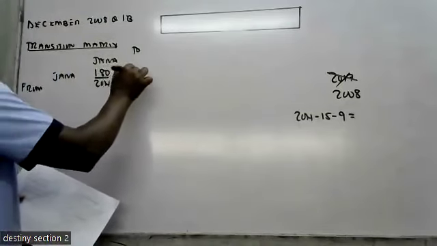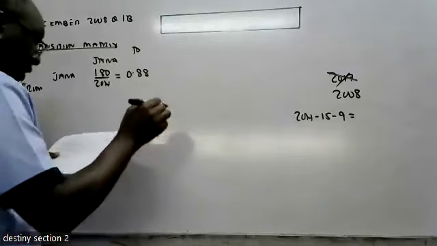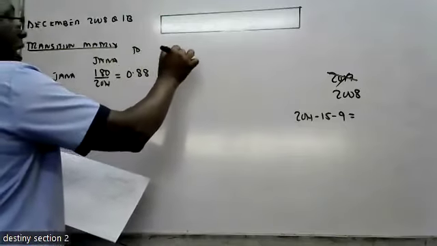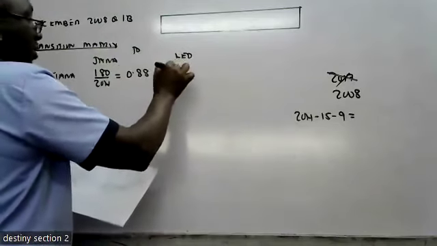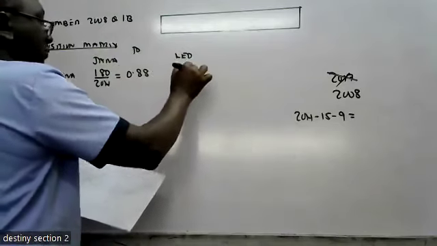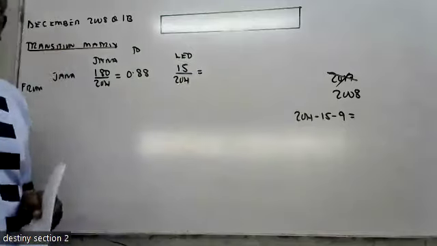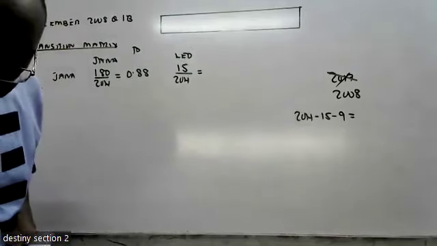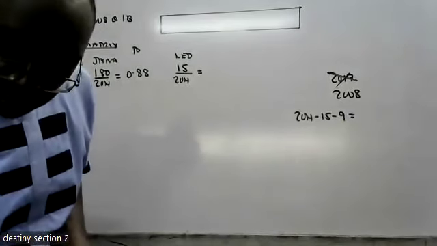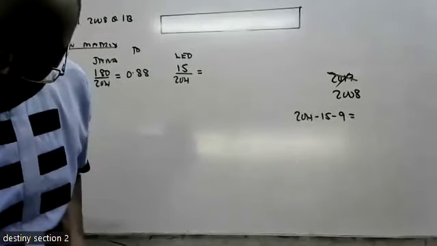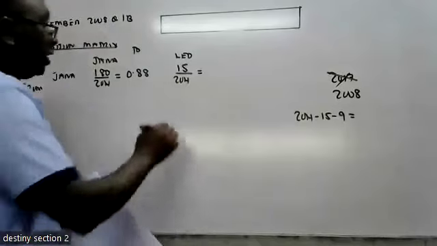I want us to work with 2 decimals. Then when I come to Leo here, I will have 15, which is divided by 204, the value that we began with. So 15 divided by 204, I'm getting 0.07.